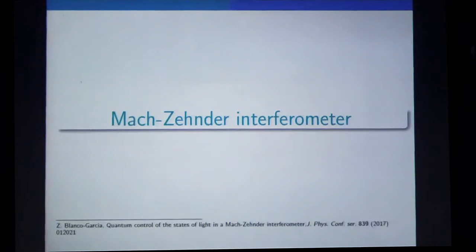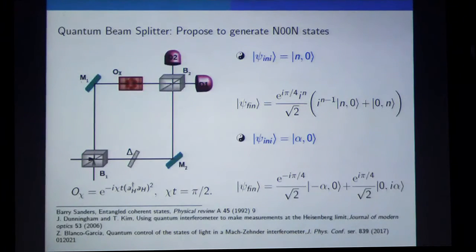Now, in this part, let me introduce a Mach-Zehnder interferometer. A Mach-Zehnder interferometer is a device used in the optical laboratory, which consists of two beam splitters and two mirrors, and sometimes a phase shifter to vary the difference between the paths of the interferometer.